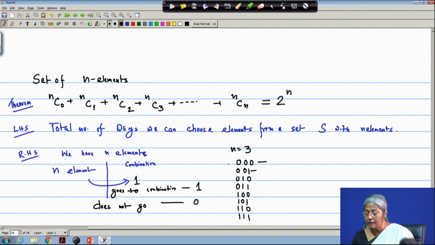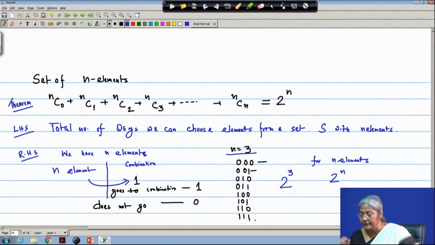Here, when n equal to 3, we have covered all the combinations, and if we think in this way, this is a binary representation, as if an n-variable n-bit binary representation. So, I can write this is 2 to the power 3. So, for n elements, we know that this count is 2 to the power n.